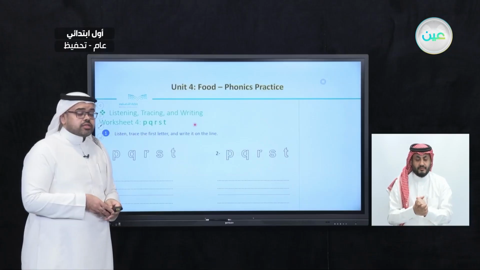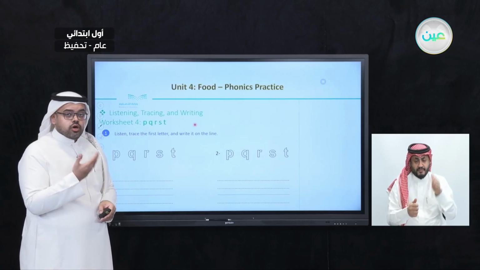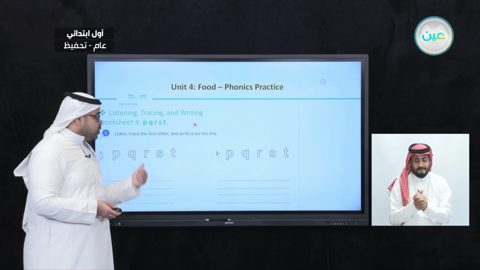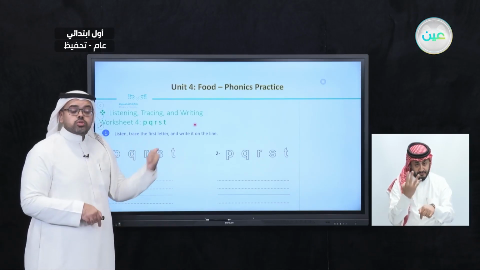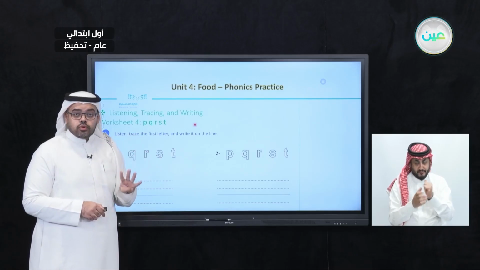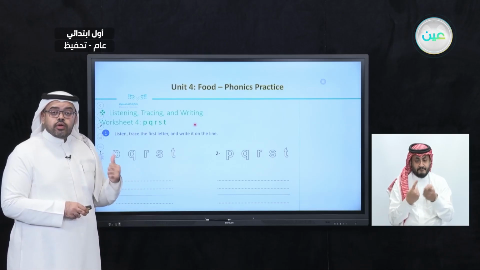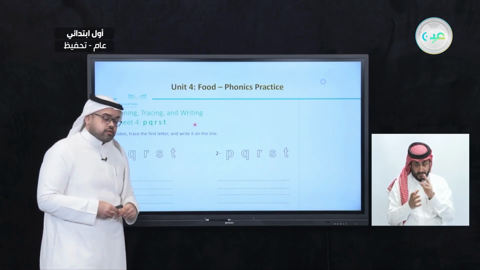So we practiced different letters for this same worksheet, worksheet number 1, number 2, and number 3. Today we will do worksheet number 4, but with different letters. So let's first get to know the letters, and after this we will start our exercise.